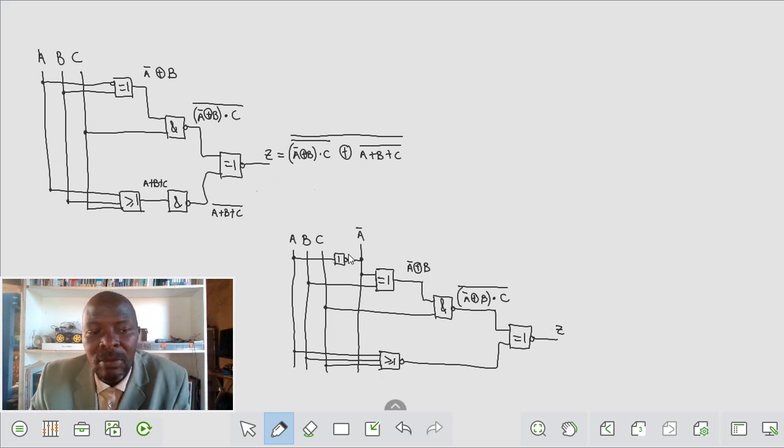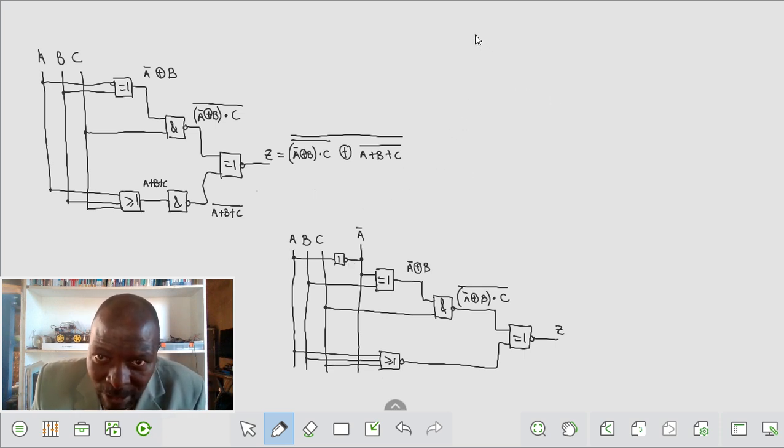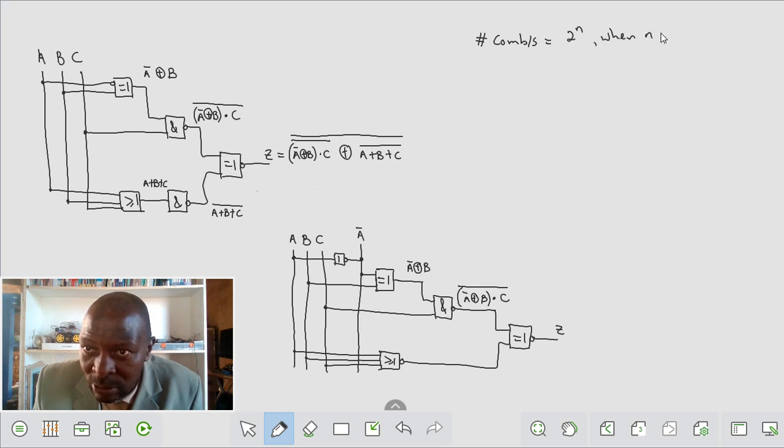All right. The last part that I would like to do with this very same example is how to draft a truth table with this. You would remember that the number of combinations for a truth table is given by 2 to the power of n, where n equals the number of inputs.